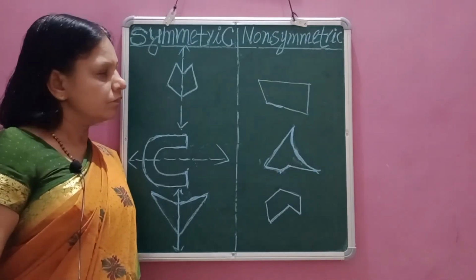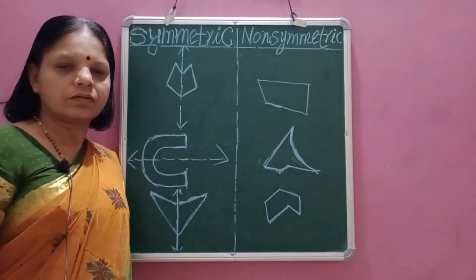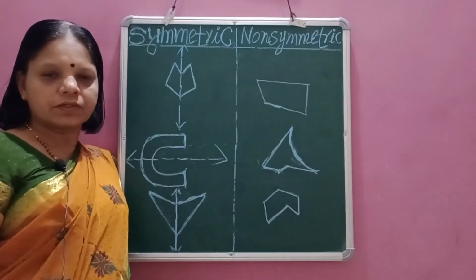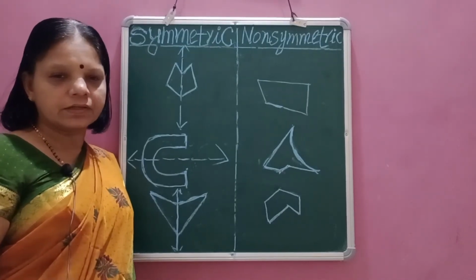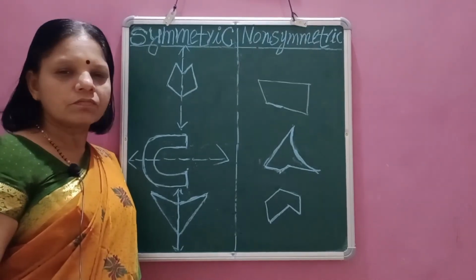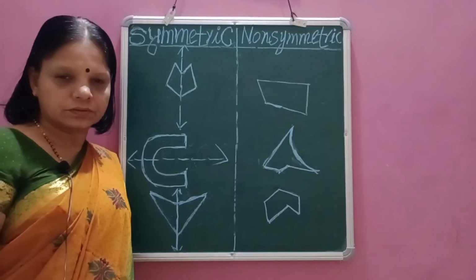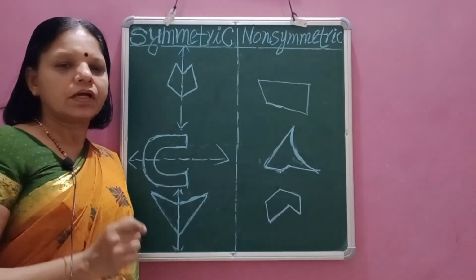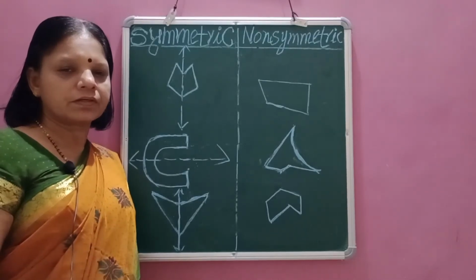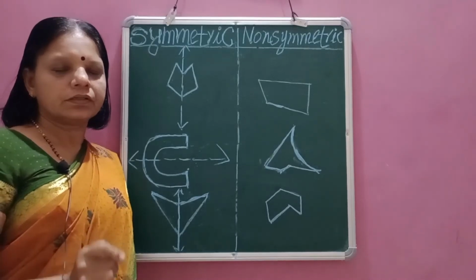Clear? And about the axis of symmetry of various figures and how many axes of symmetry they have, we will study in the next class. So I think you understood the difference between symmetric and non-symmetric figures. For a symmetric figure, at least one line of symmetry or axis of symmetry should be there.